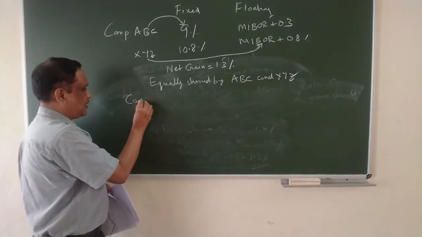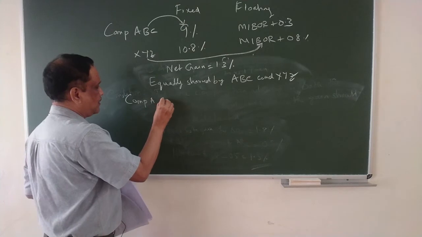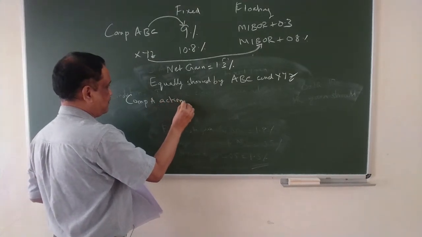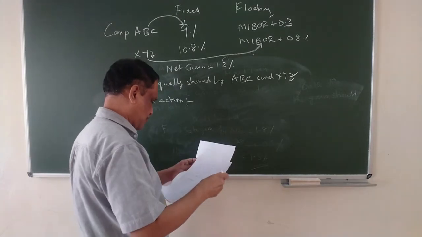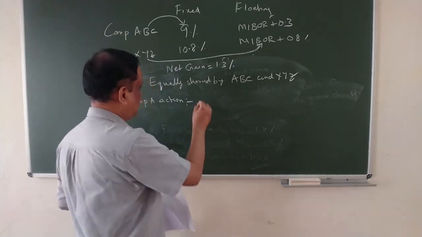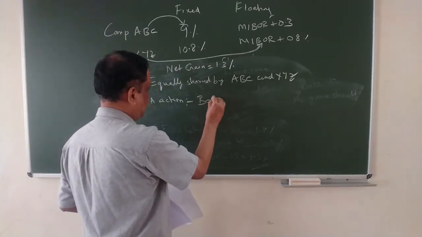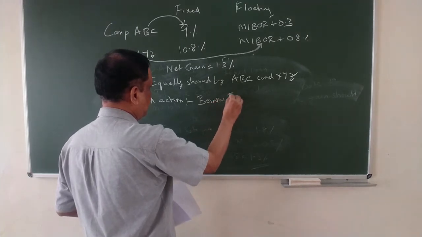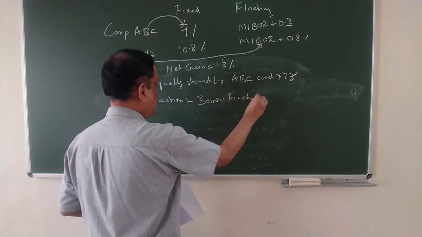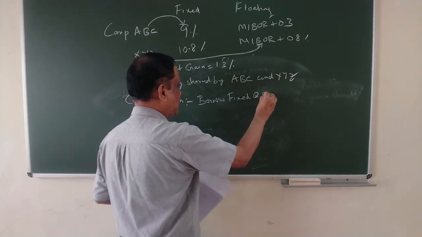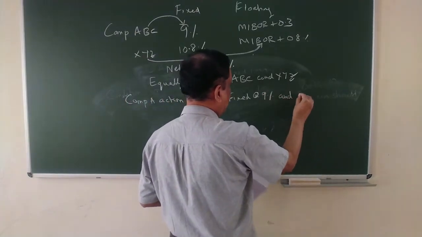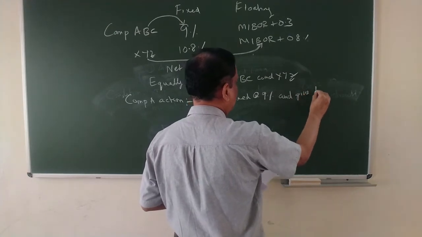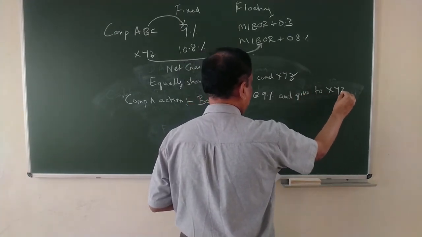Okay. So I will write company ABC action: borrow fixed at 9% and give to XYZ.